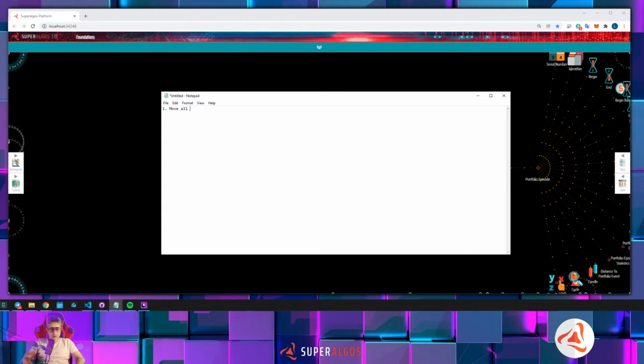Move all portfolio notes to the portfolio project.